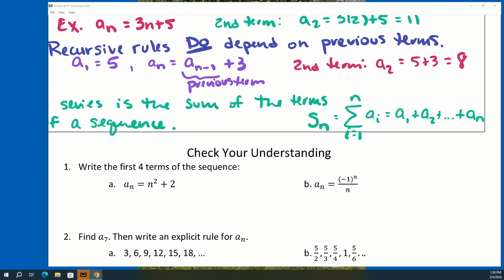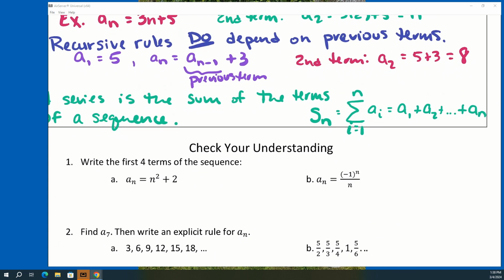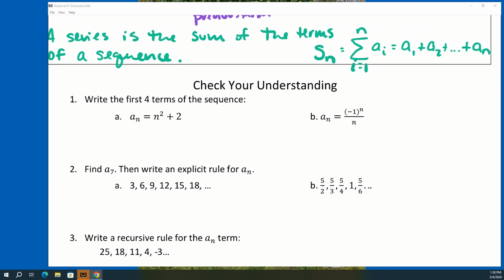All right, so let's do some examples. So on 1, we have explicit rules, we have 2 of them, and we're going to find the first 4 terms. So the first term is always a sub 1. And when you have the explicit rule, what do we put in for n to find the first term? Just put in 1. So that's going to be 1 squared plus 2, which is 3.